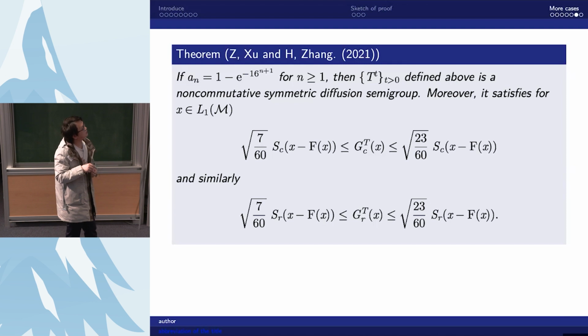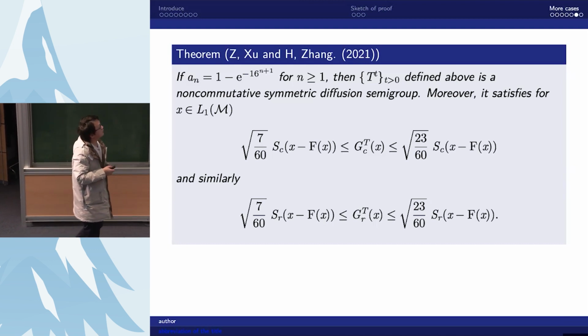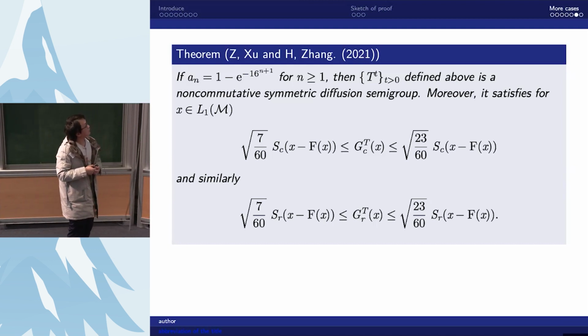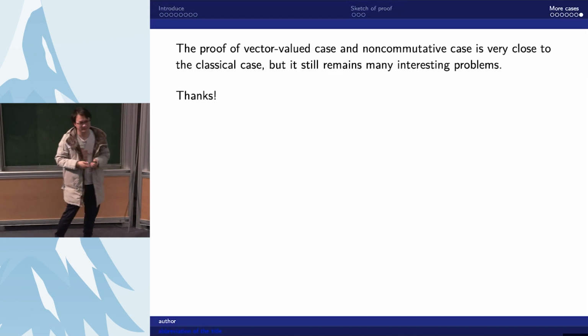We also get this pointwise equivalence. The proof of the vector-valued case and the non-commutative case is just analogous to the classical case, so I omit the details. Thank you.